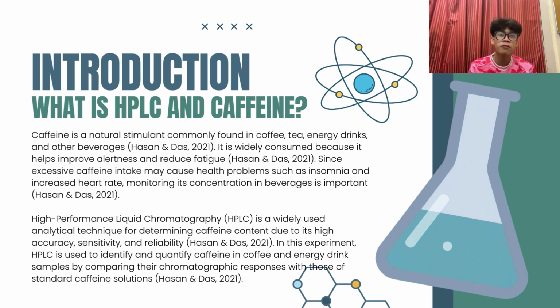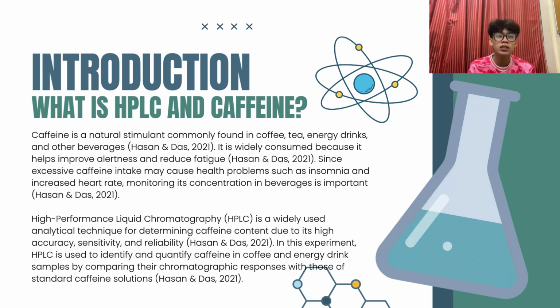To determine caffeine content accurately, high-performance liquid chromatography, or HPLC, is commonly used. HPLC is a reliable analytical technique known for its high accuracy, sensitivity, and precision. In this study, HPLC is used to identify and quantify the caffeine present in coffee and energy drink samples.